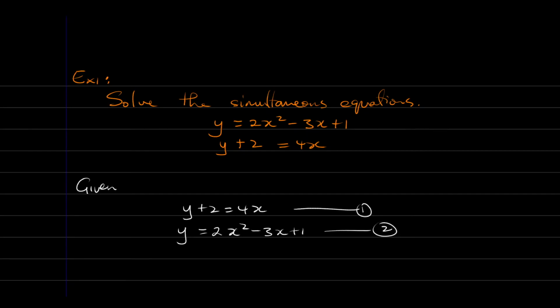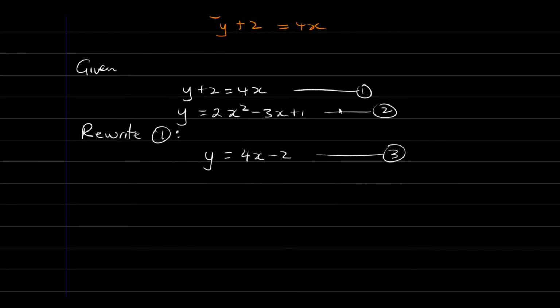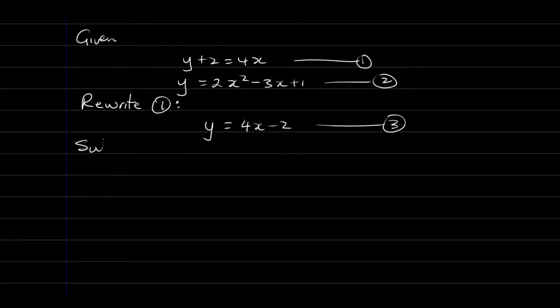And I'm going to say rewriting 1. So I'm going to rewrite 1, I'm going to get that y is equal to 4x minus 2. Right? I'm going to label this equation 3 just to make things easier for myself. All right? And then I'm going to say substitute for y in 2 with 3.